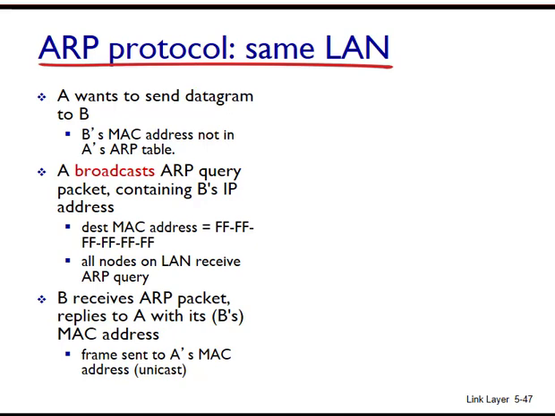The important question in this section is, how does the sending host determine the MAC address of the destination host with the IP address 222.222.222.222? It uses ARP. An ARP module in the sending host takes an IP address on the same LAN as input and returns the corresponding MAC address.